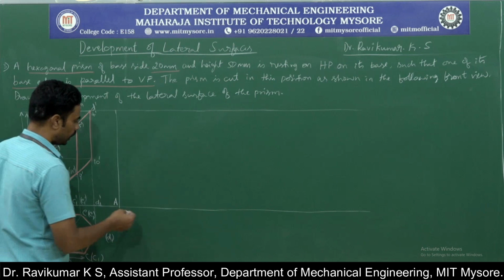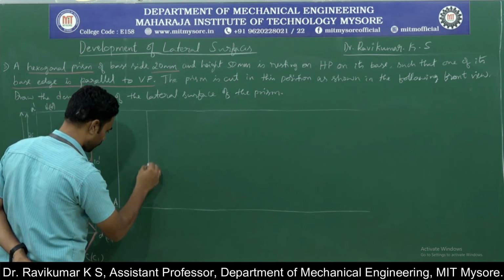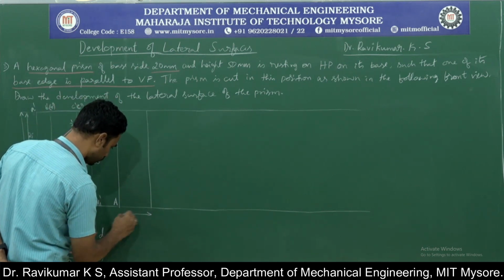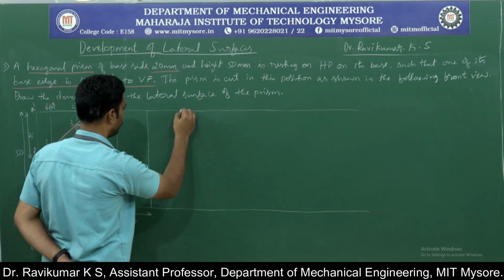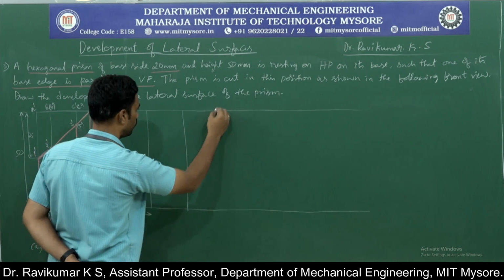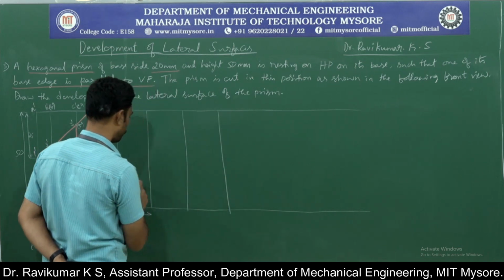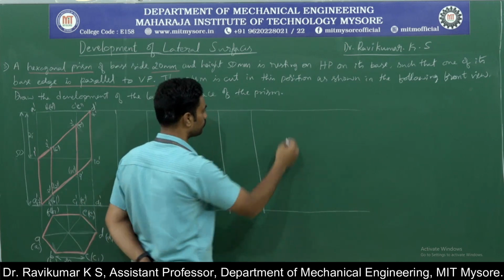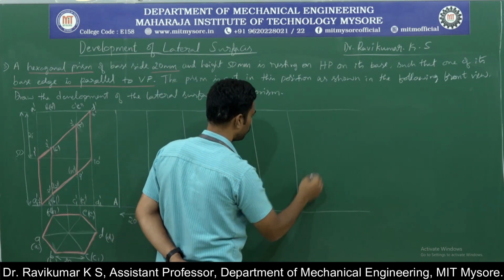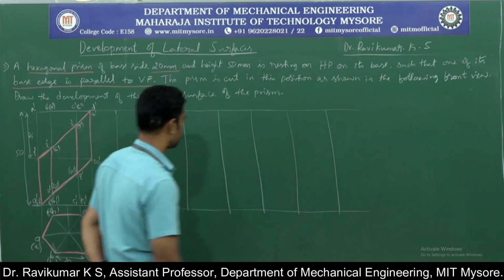Therefore, divide this with each side 20, 20, 20, 20, 1, 2, 3, 4, 5 and 6.